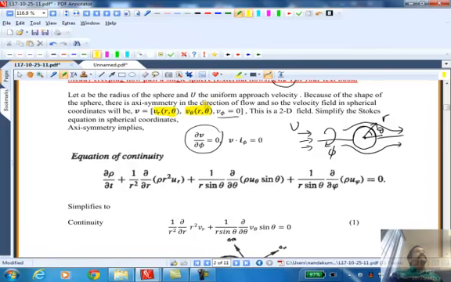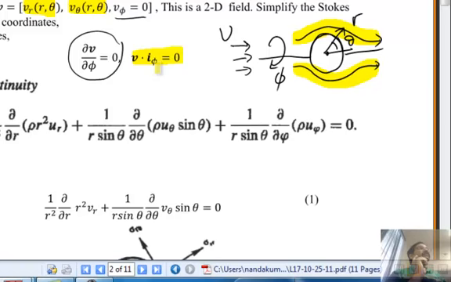If you take a plane passing through this axis, and that plane can be rotated 2 pi radians, any plane will have the same velocity profile, the same streamlines. Okay, so there is no flow cutting that particular plane, and that's what this says. The phi component of the velocity is 0, and there is no variation in the phi direction. As you rotate that plane, everywhere you're going to see the same velocity.